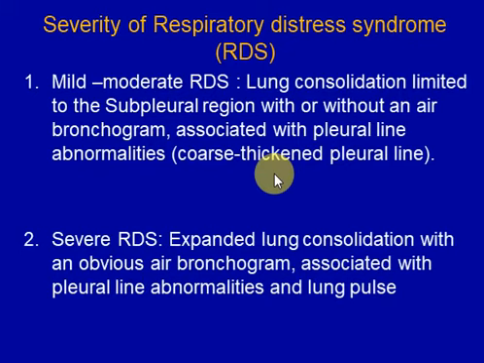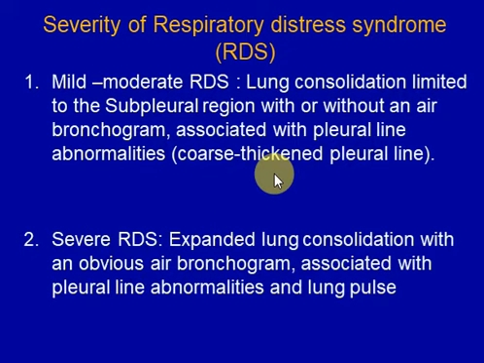Severity of respiratory distress syndrome. In mild to moderate RDS, we have lung consolidation limited to the subpleural space. In severe RDS, we have extended consolidation, deeper into the lung fields. We have lung pulse in some 80%.